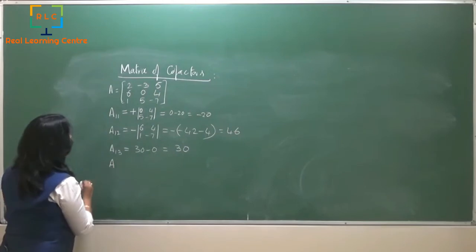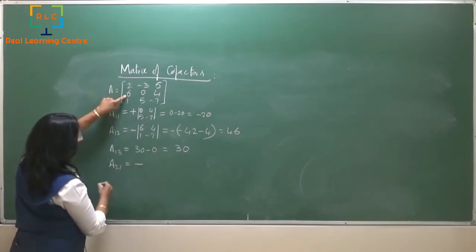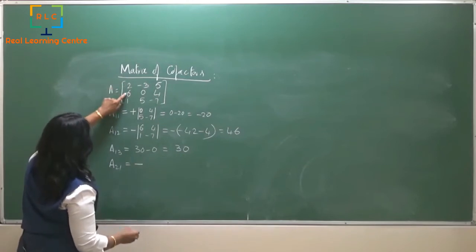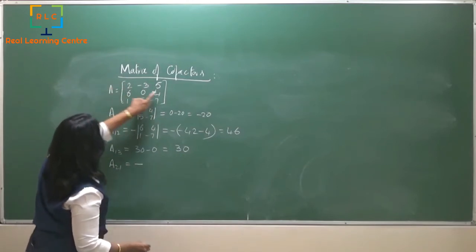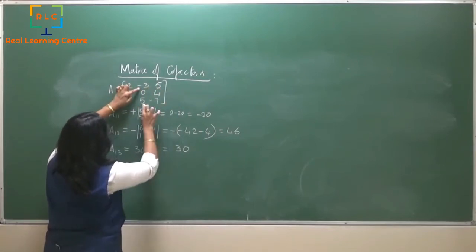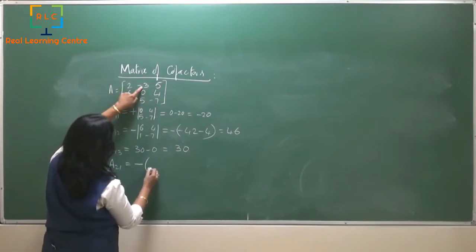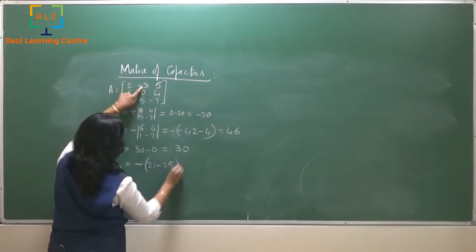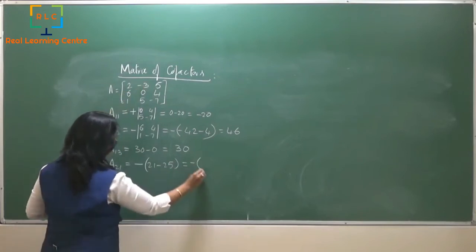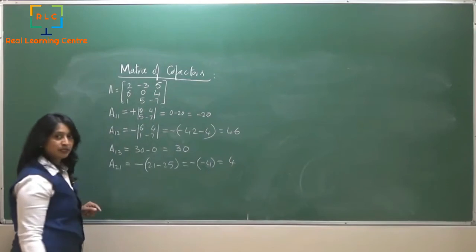Next I want A21. 2 plus 1 is an odd number, so minus, and wherever this 6 is present, that row and column I will delete. I have to pull out the determinant of minus 3, 5 and 5, minus 7. So it is minus of 21 minus 25, which is minus of minus 4, equal to plus 4.